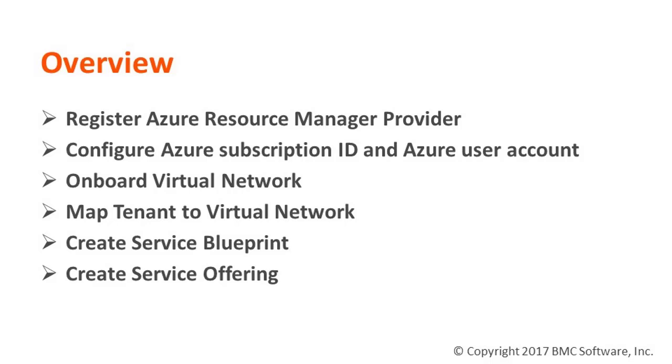Once this information is completed, you need to onboard your virtual network in the Azure Management Portal to the CLM Administration Console under Network Container Resource. Then you can map this resource to your tenant. Once the Azure RM configuration is done, you can start creating a service blueprint and service offering for this provider. Let me show you in the demo environment.